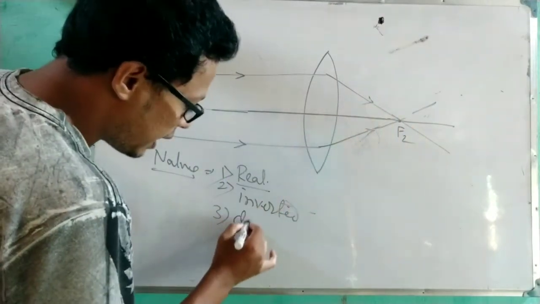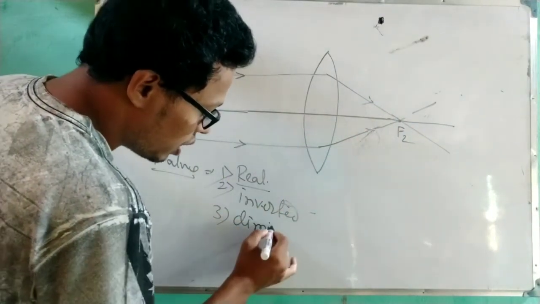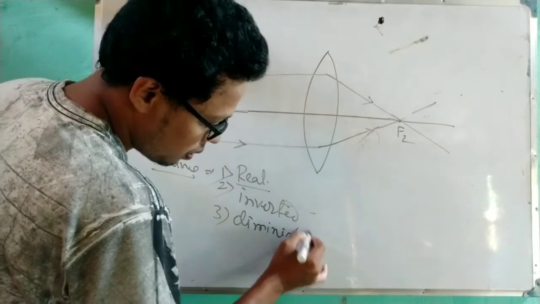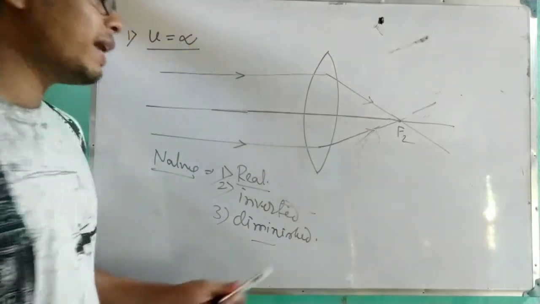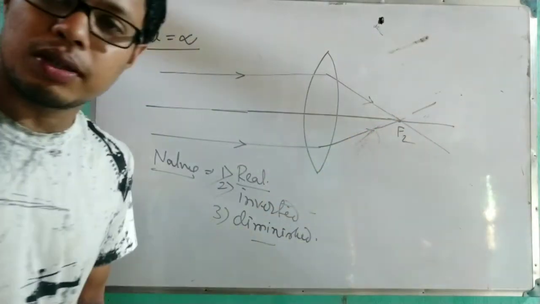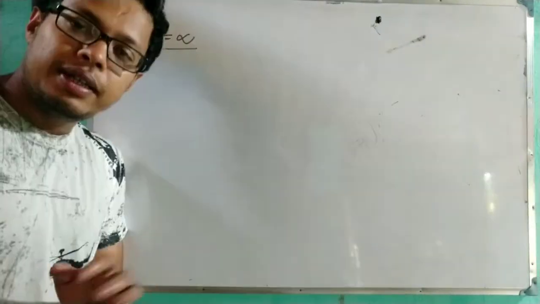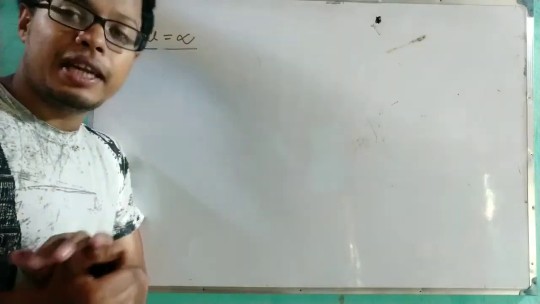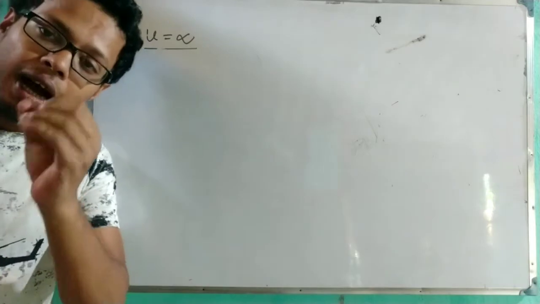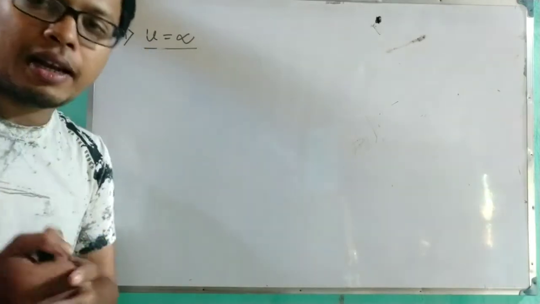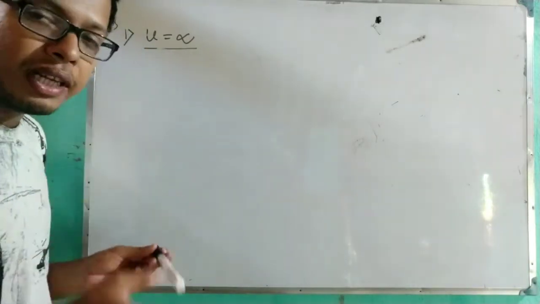So here we can write the nature: it is diminished. Okay, these are the three, or one more you can write, it forms at the focus also. Okay, in the second case the object is placed at infinity, but the rays coming from the object are parallel to each other, but not parallel with the principal axis. Then where will the image form?